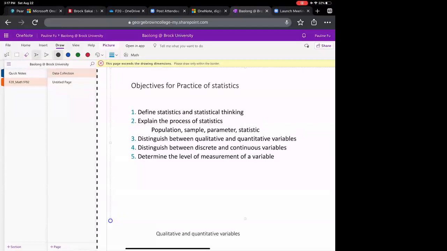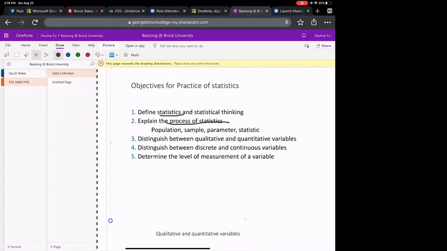What is statistics? Statistics is a science of collecting data, analyzing data, and drawing conclusions. The process of statistics usually has 4 steps.